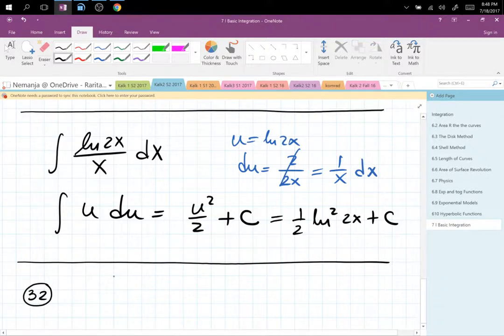So let's see how this goes. The integral of 6 minus x to the 4th over x squared plus 4 dx.